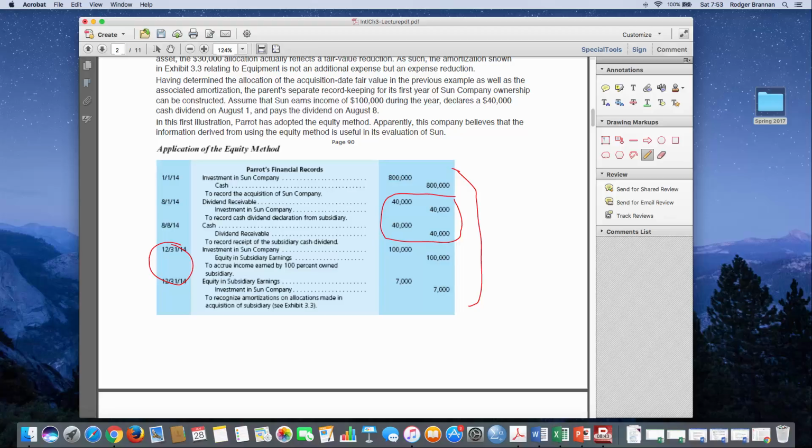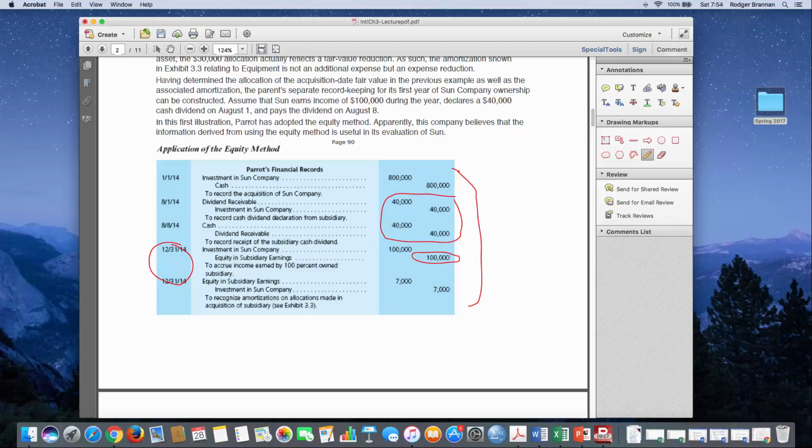And because Parrot owns 100% of the company, they're allowed under consolidation, or under the equity method, in fact, to bring that into its investment account and recognize that as part of their actual earnings that will contribute towards net income. And that increases net income by $100,000.